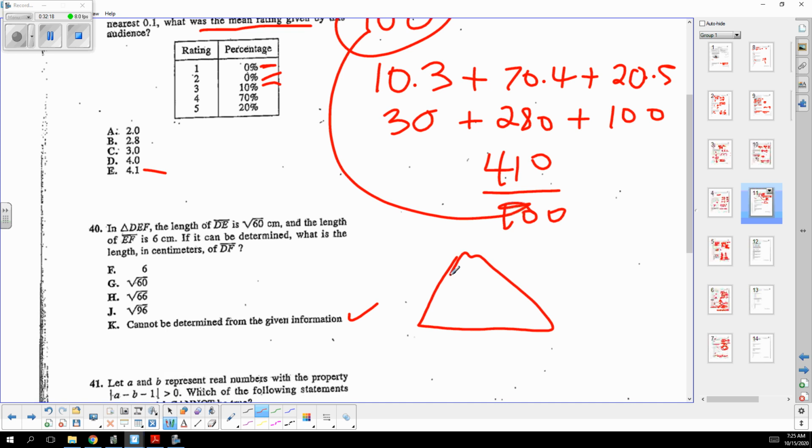So just knowing that one side is 6 and one side is the square root of 60 is not going to be enough. So that's a rare choice. In fact, one of the tips of testing is don't ever check that. But obviously that's not the greatest tip in the world because it just was the answer.